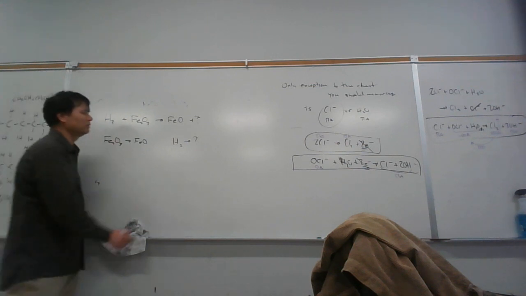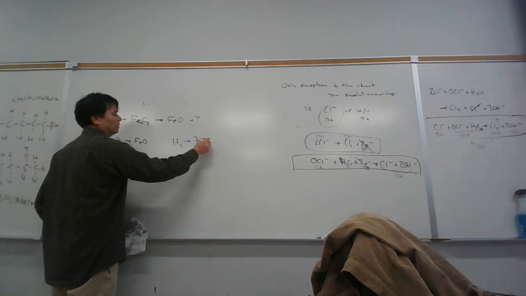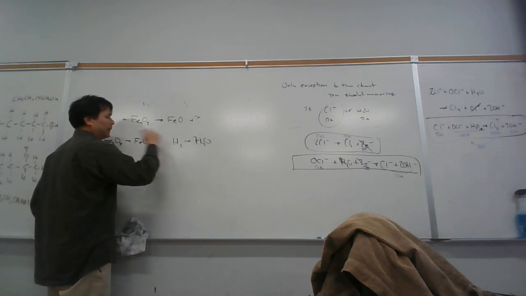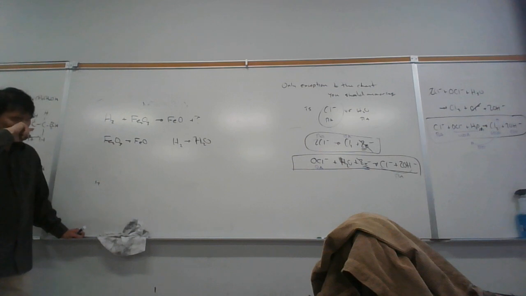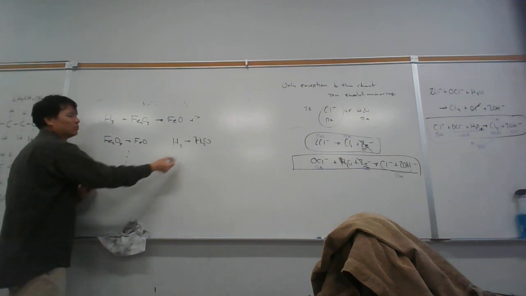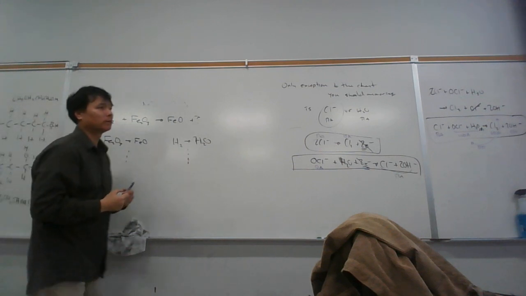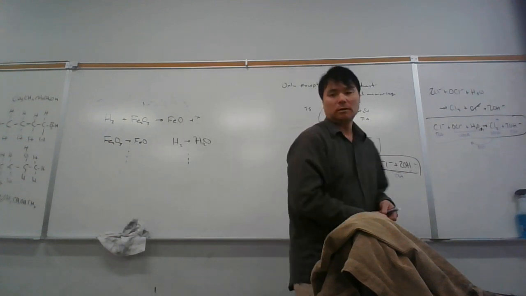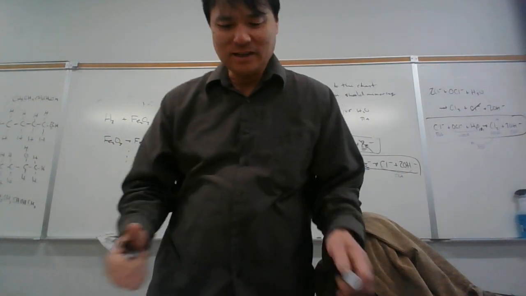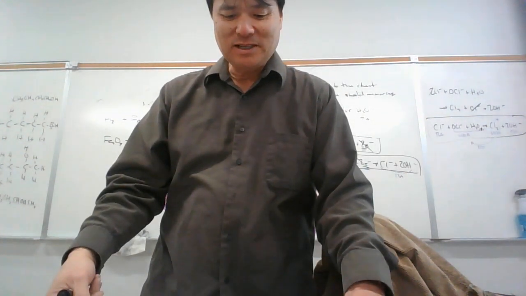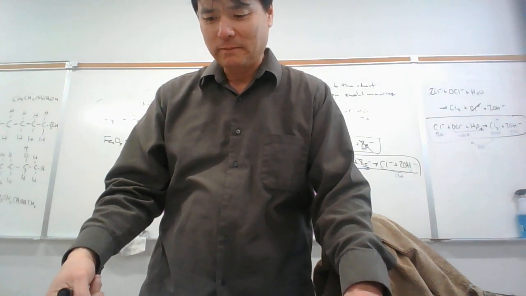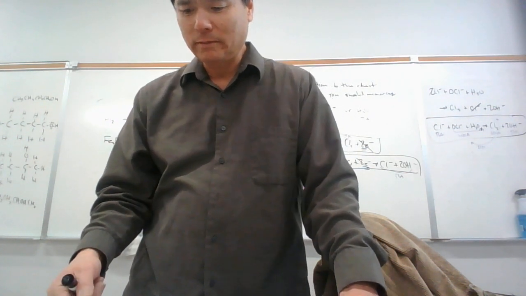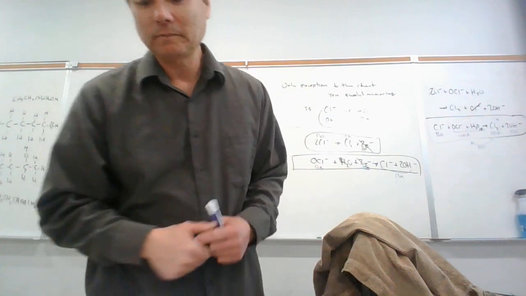Do you know what it goes to? Water. So it goes to water. Okay, and then we balance it this way. That's the way we do it. So this one seems easier than 92. I don't know what they're doing here.